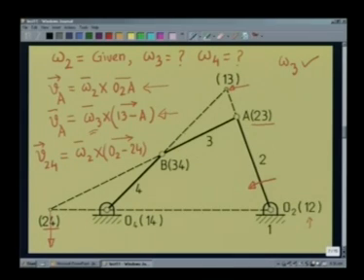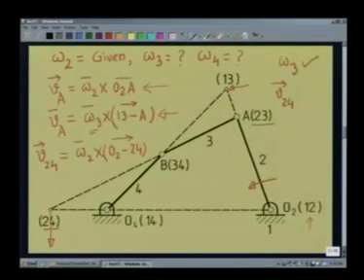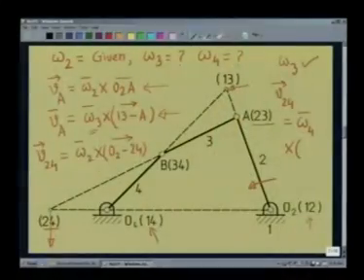So V24, considering it to be a point on link 4, is omega 4 cross the vector O4 to the point 2, 4, because link 4 is rotating about 1, 4, that is O4.